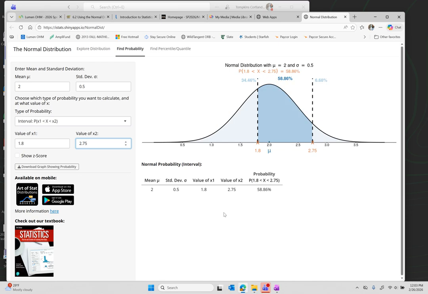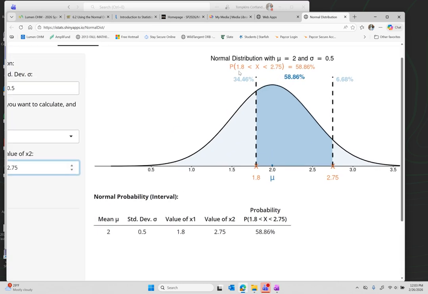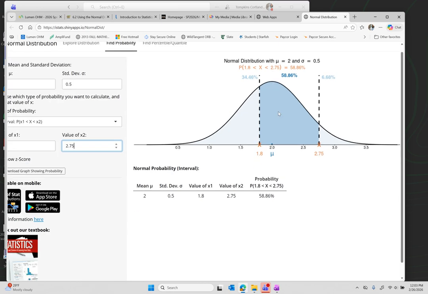And if you pay attention here in the tab, in the title, you see the expression that you need to write. Probability 1.8 less than x less than 2.75. Also, the app generates the graph of the normal distribution, numbers the axis with the mean in the middle, and then tick marks, 3 tick marks to the right and 3 tick marks to the left.